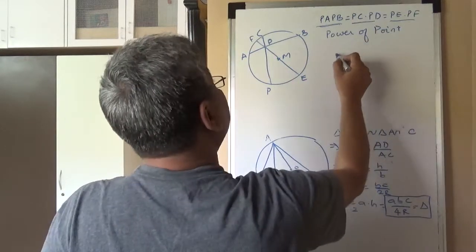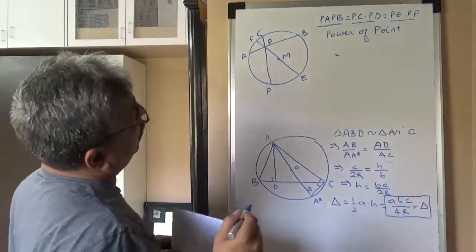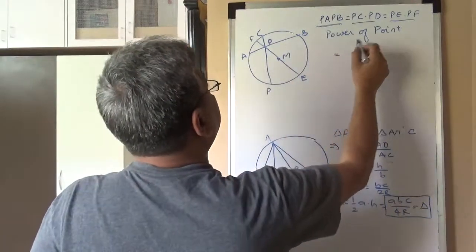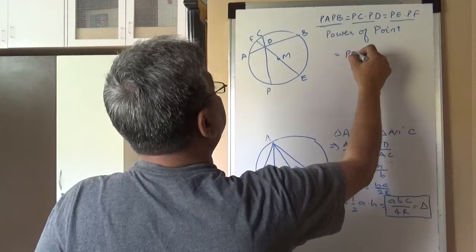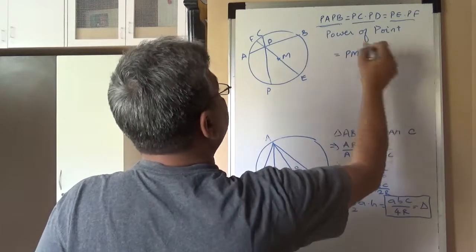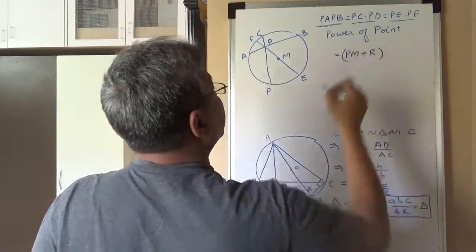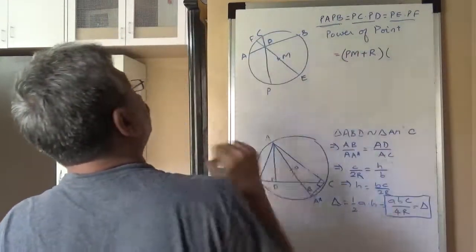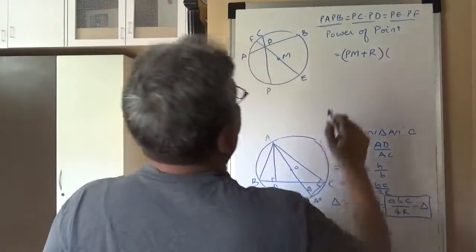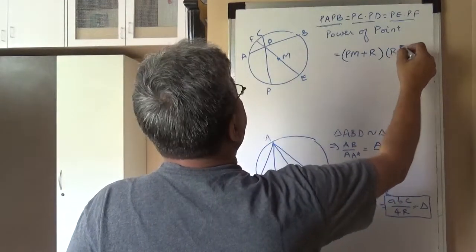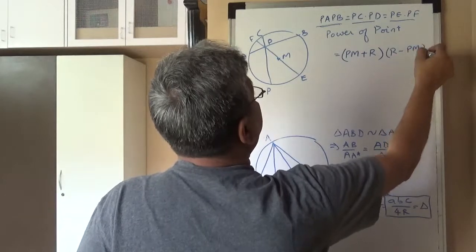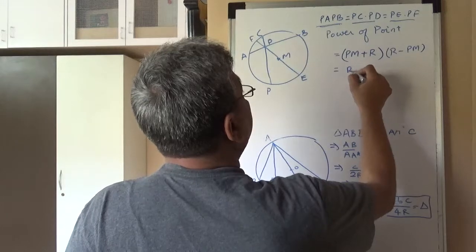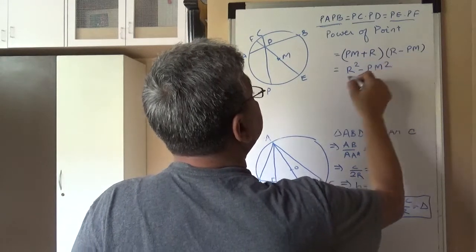Now, if we take the last ratio, PE is PM plus ME, which is R, capital R, the circumradius of the circle. And PF is R minus PM. Okay, so R plus PM and R minus PM makes R squared minus PM squared.